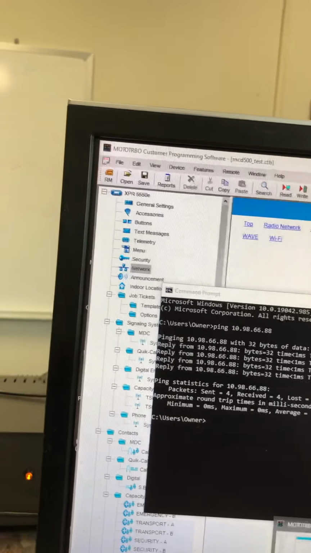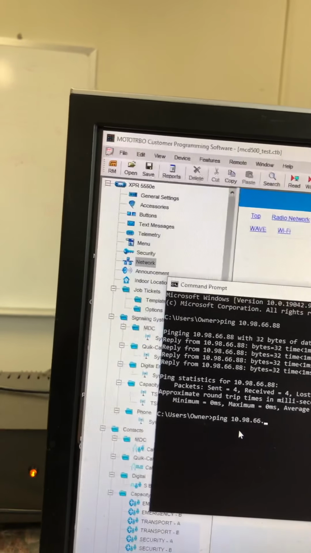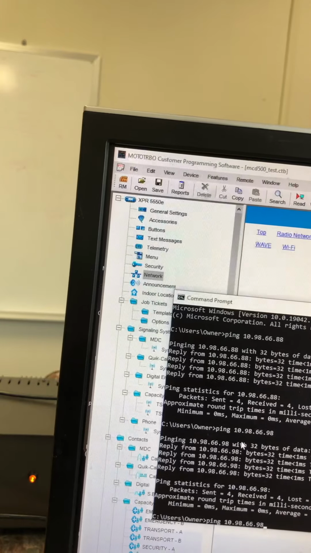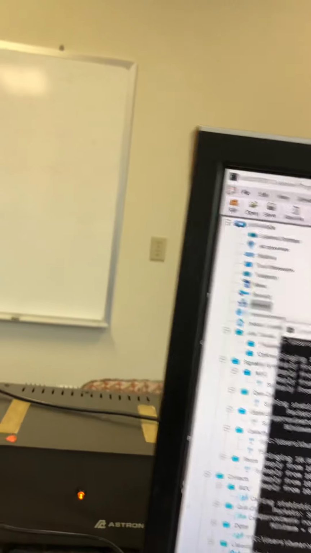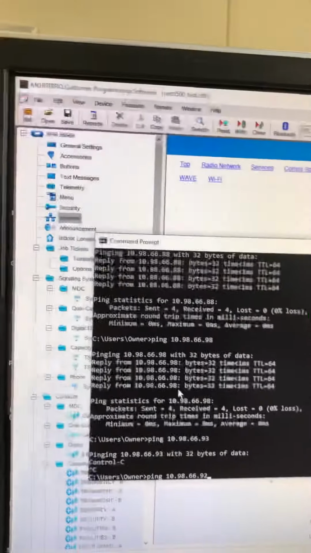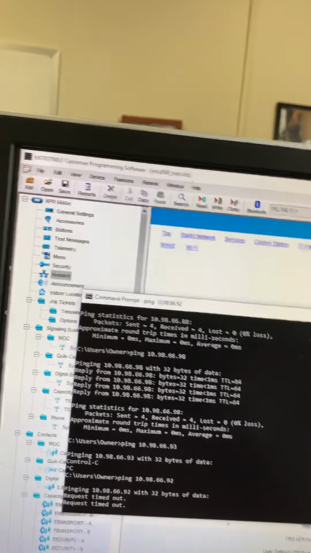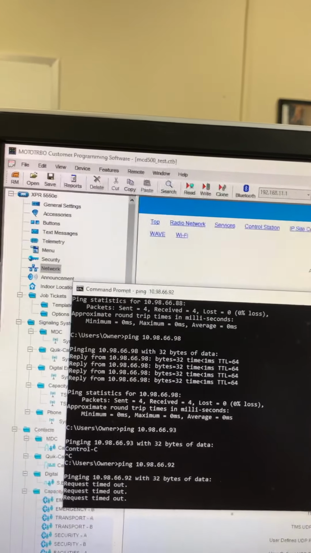Okay, and then 98. Okay. But there is no 92 or 93, which I would think would have to be available, but it's not there. So it's not seeing that IP address, not seeing it, period.